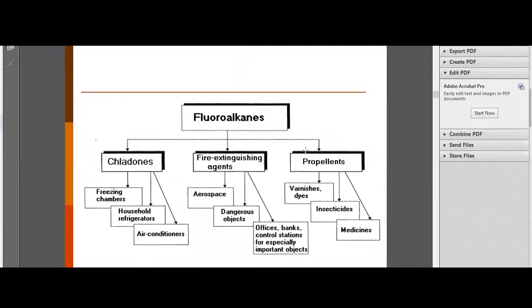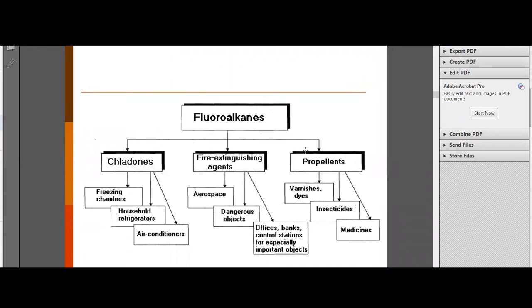Okay, according to your syllabus, it is specifically stated that you should understand the uses of fluoroalkanes. So that's why I present this for all of you. The first use of fluoroalkanes is as refrigerants. You know that if your air conditioner is not cold anymore, you should add freon, right?